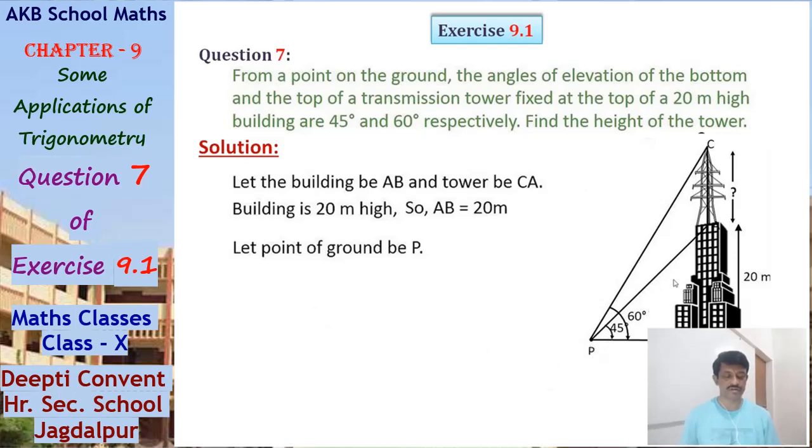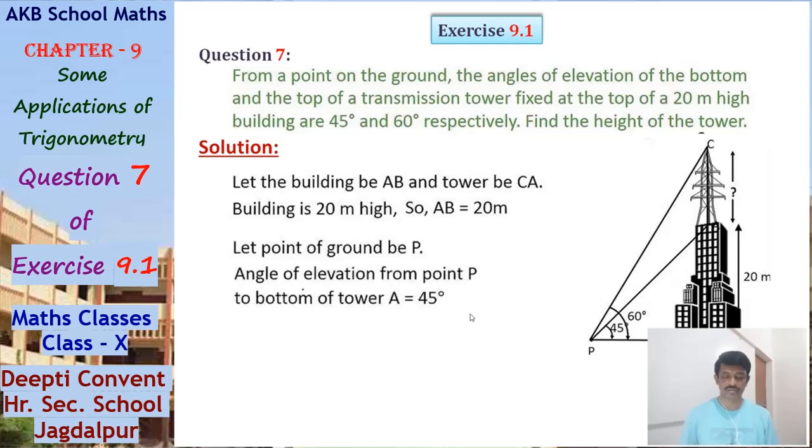So the angle of elevation from point P to the bottom of the tower is 45 degree. This is A, the bottom of the tower.